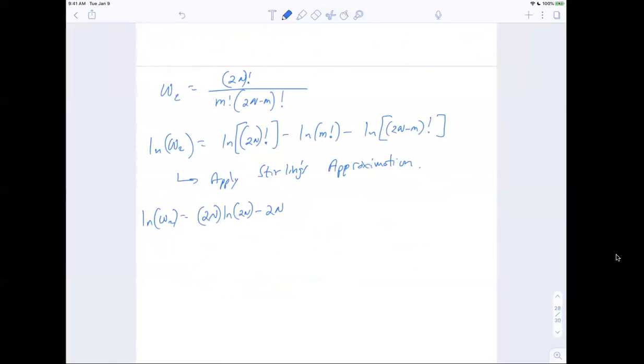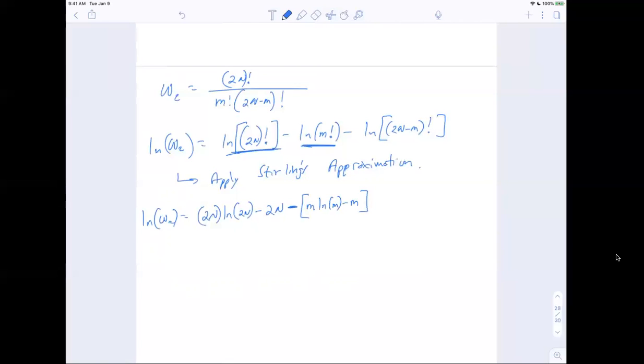And then we're going to have the minus log of m factorial. So that's going to be minus m natural log m minus m. So we have this term done. And then finally, we have to do the last term.